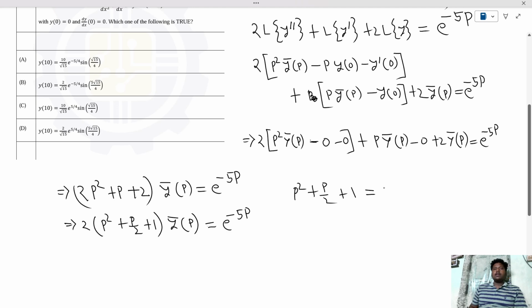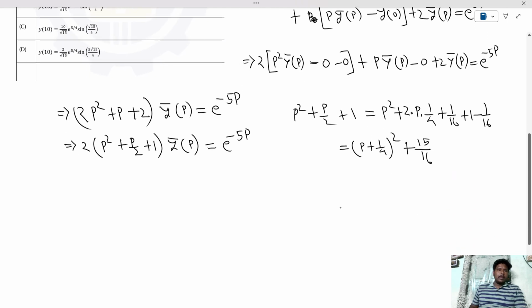How can we write this? p square plus 2 into p into 1 by 4 plus 1 by 16 plus 1 minus 1 by 16. So this can be written as p plus 1 by 4 whole square plus 15 by 16.